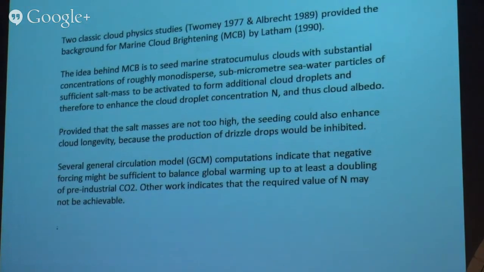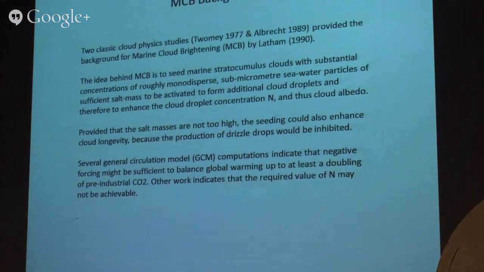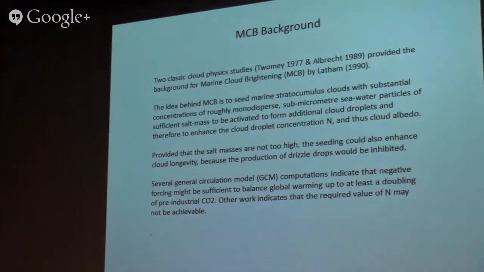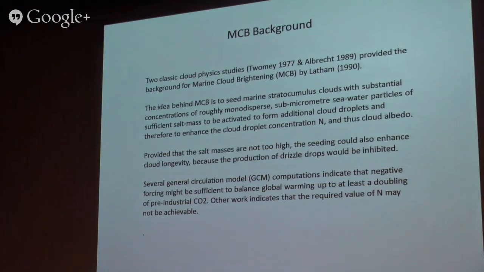Many of the people in this room already know what that is. For the few of you that don't, the basic idea is to make low marine clouds that exist over the ocean surface more reflective by making smaller drops. The idea is that if you have the same volume of water and you have more smaller drops, they have a greater surface area and therefore reflect more light.